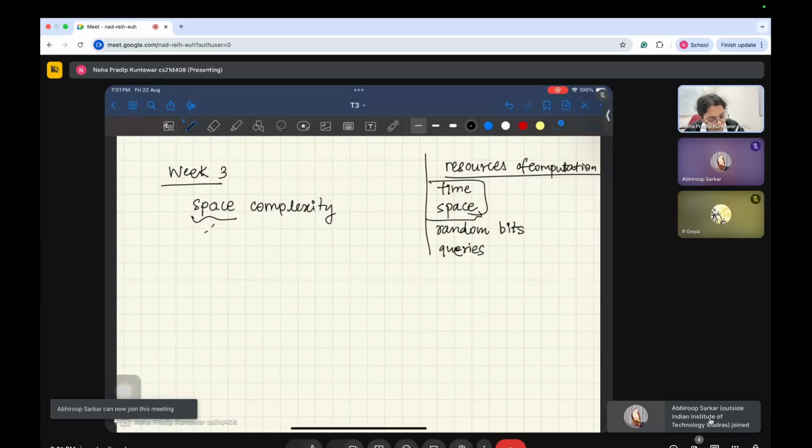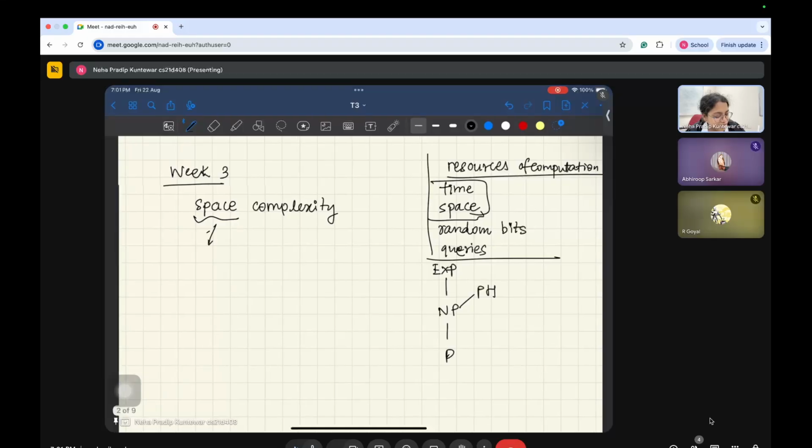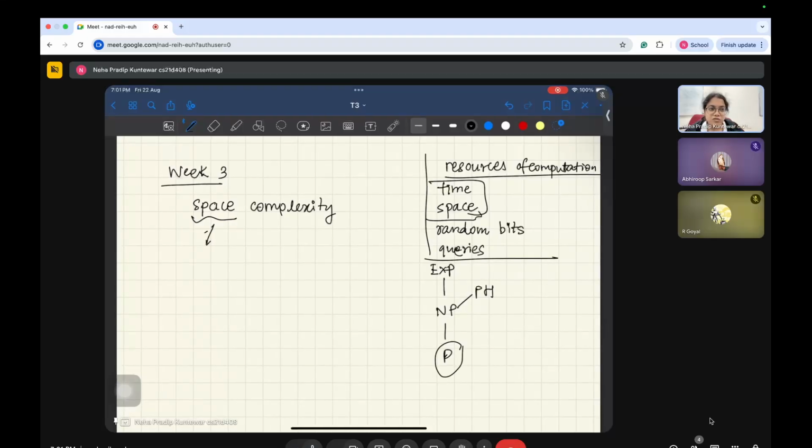With respect to time, the complexity classes that we have seen so far were NP, P, EXP, and then there's the polynomial hierarchy. It's natural because you think of the most common functions.